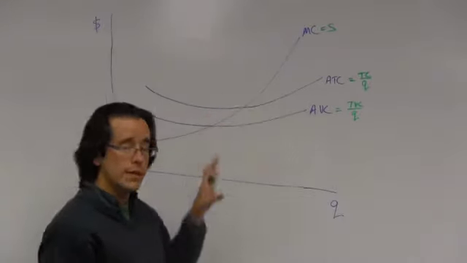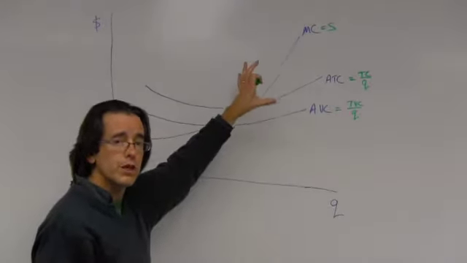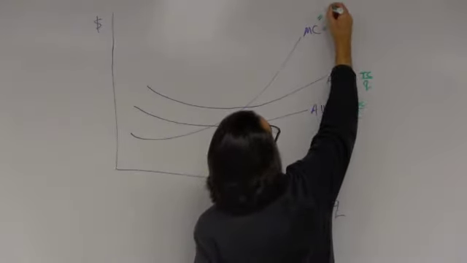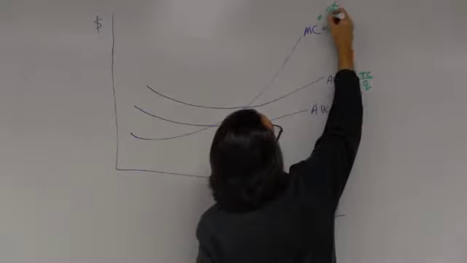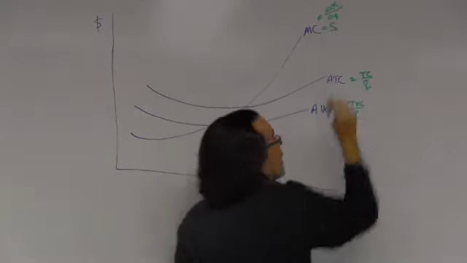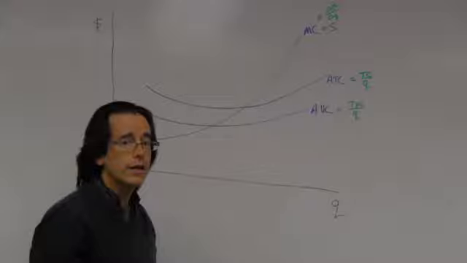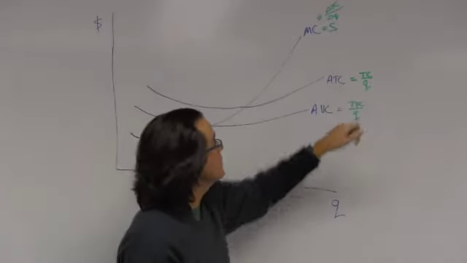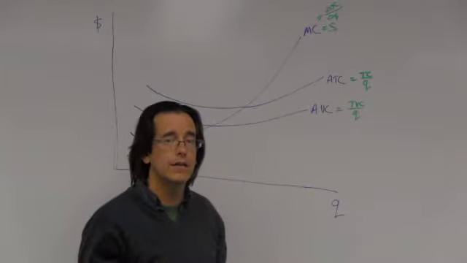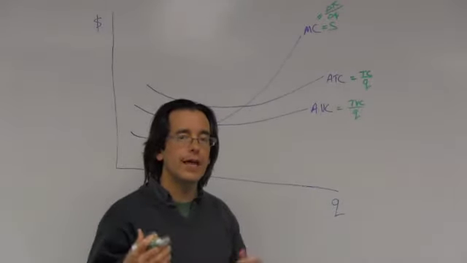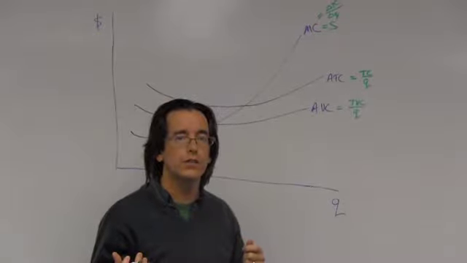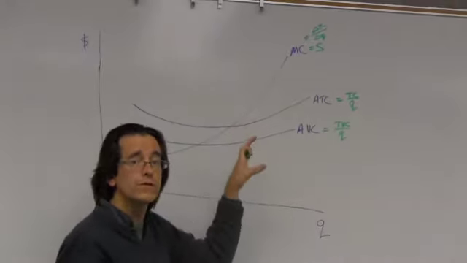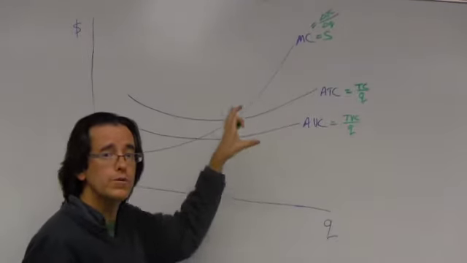Okay? The key thing to remember for these individual firms, and I should also recall that the marginal cost is the change in the total cost divided by the change in the quantity, is that all these curves are coming out of the total cost idea. So if anything changes the total cost, we'll see a change in all these curves, so essentially these curves will move together.